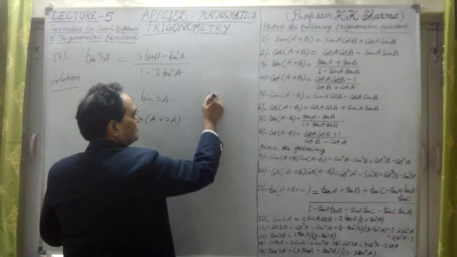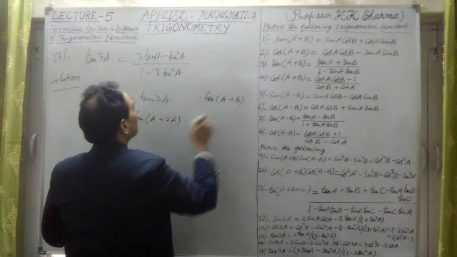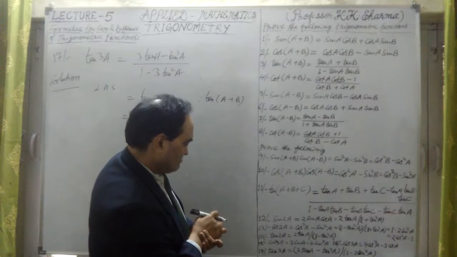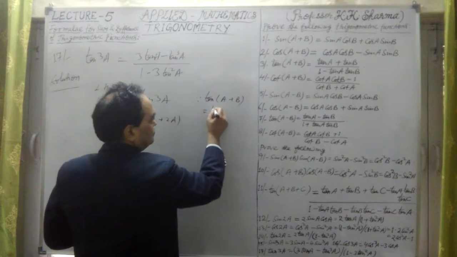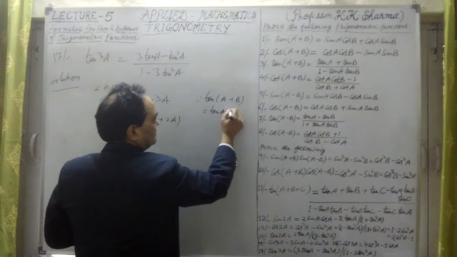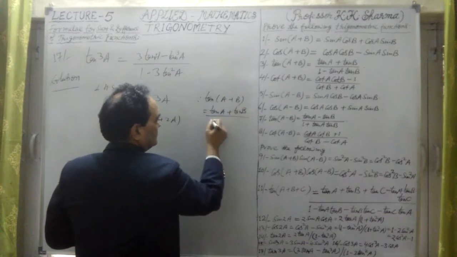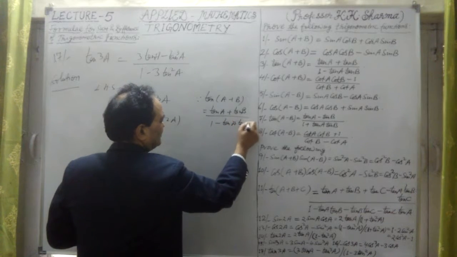Tan of a plus b we know is tan a plus tan b divided by 1 minus tan a into tan b.